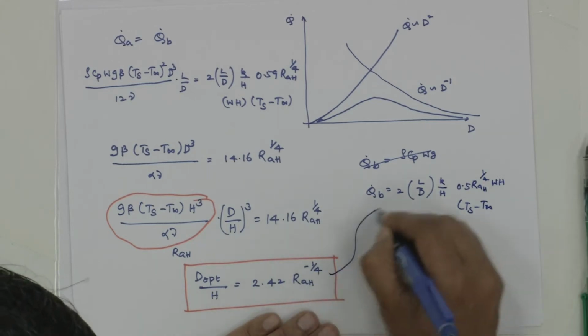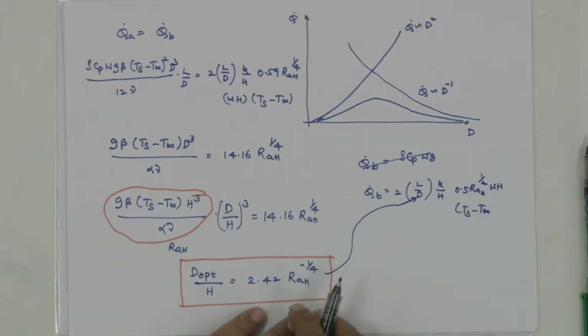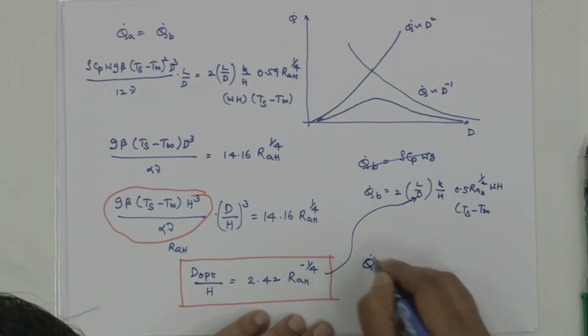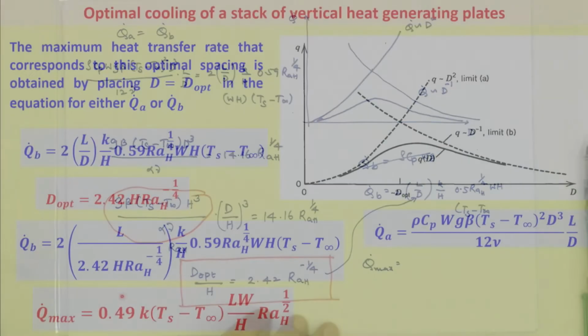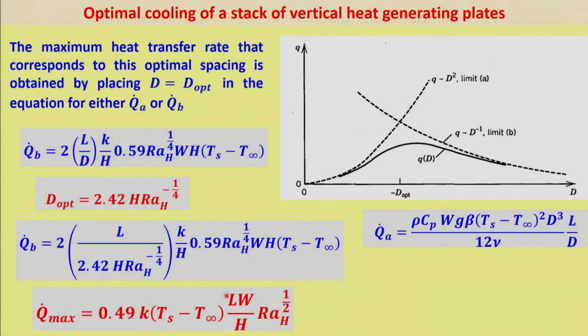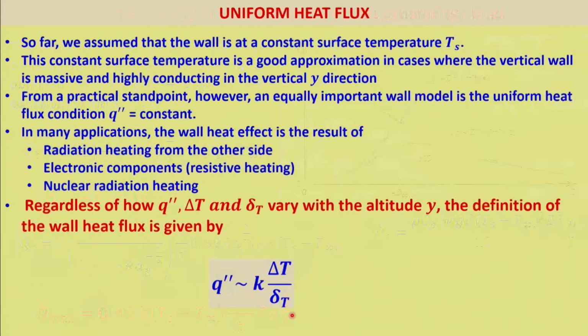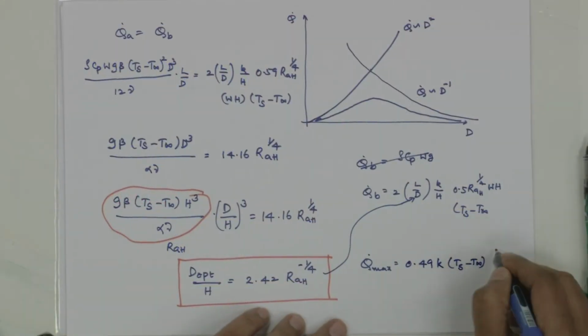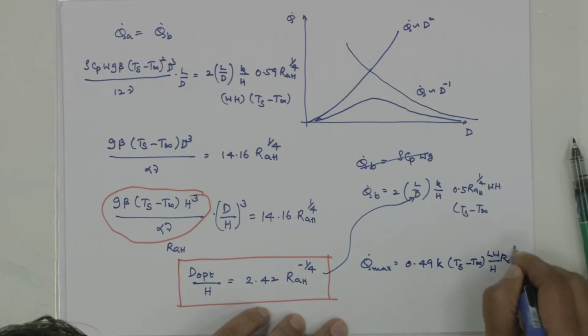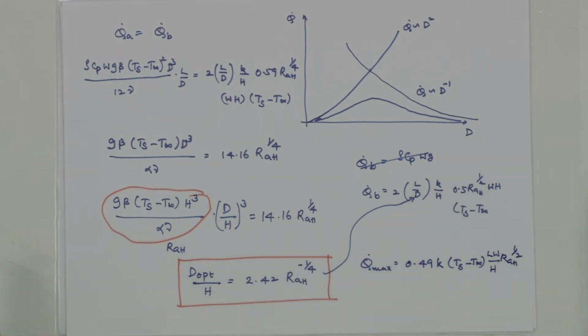Substitute this 2.42 for D optimum and do the algebra, and you get Q dot maximum equal to 0.49 K into (Ts minus T infinity) into L W by H into Rayleigh number to the power of half. You see the power?